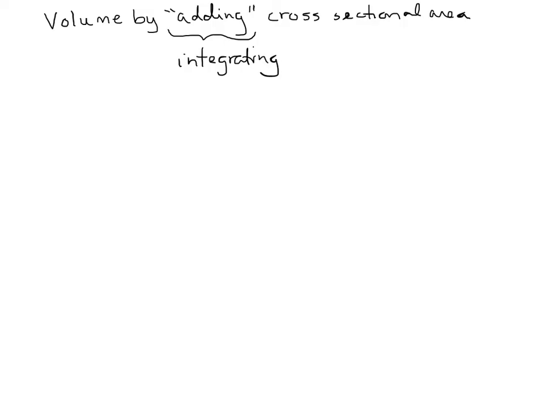We're going to be using integration to find volume, and we're going to be integrating cross-sectional areas. I also sometimes refer to these as slices of an object. So you can take a very small slice, add up all of those very small slices, and you'll get volume. And you can do that adding, that's why I put it in quotes, by integrating.